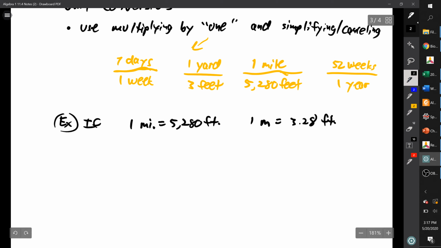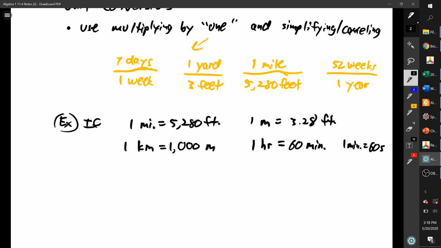Okay, and let's just say we also know that 1 kilometer equals 1,000 meters, and we also know that 1 hour is equal to 60 minutes. And we also know that 1 minute is equal to 60 seconds.